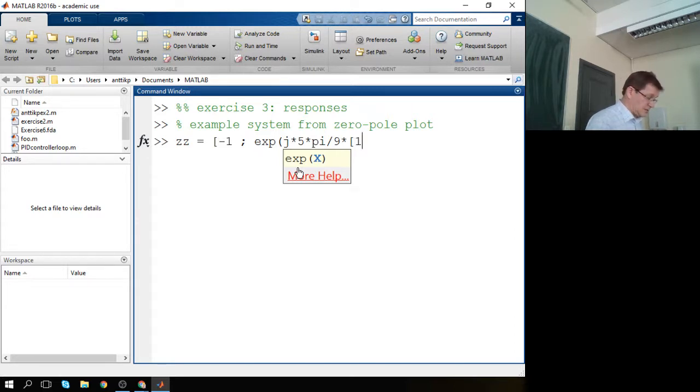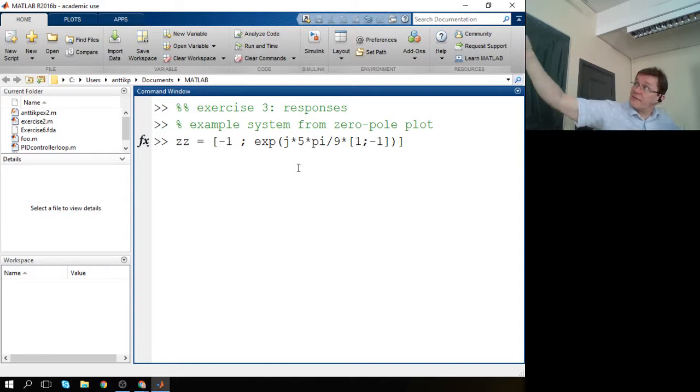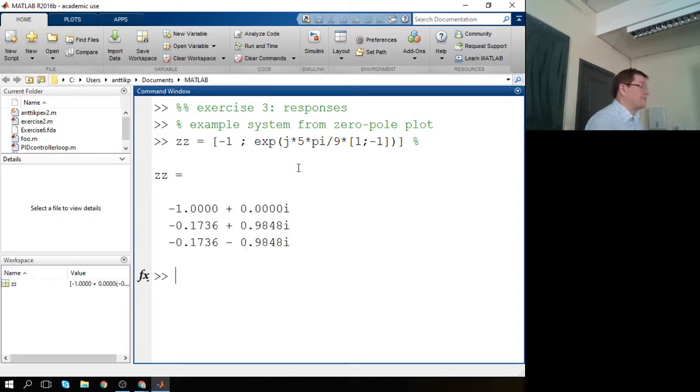Okay, I think this will do it. So I have J times 5 pi over 9 and plus and minus J because I have that one. Okay, good. Yeah, those are the zero points.